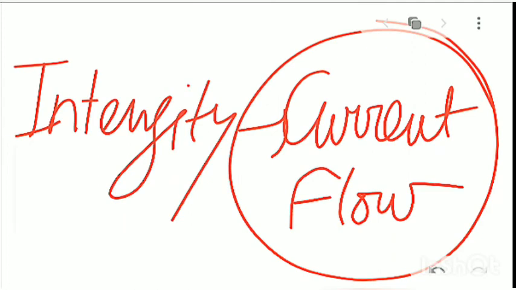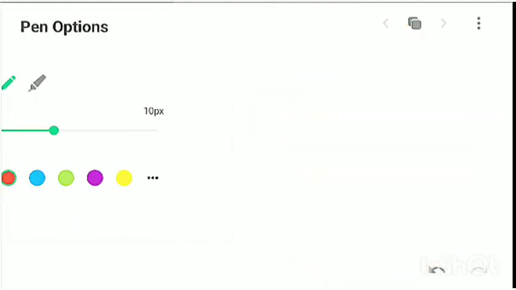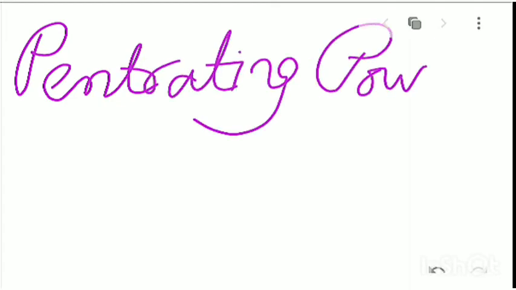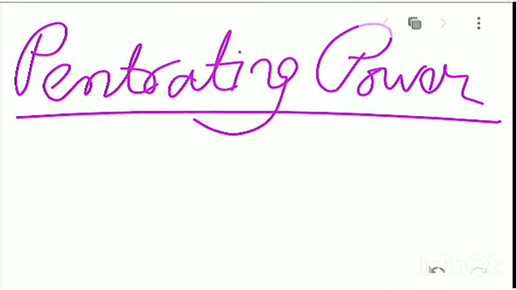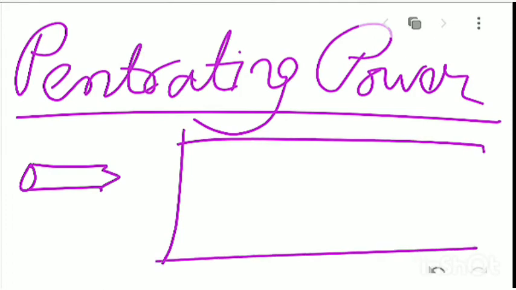The next kind of controllability we are hunting down is penetrating power. What do you mean by penetrating power? Penetrating power means, just like if you are shooting a bullet at a metal sheet, how much can it enter inside?